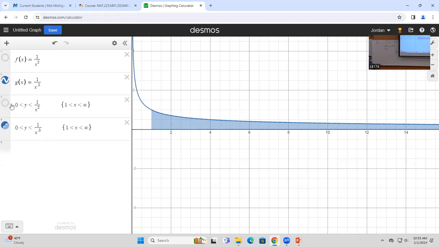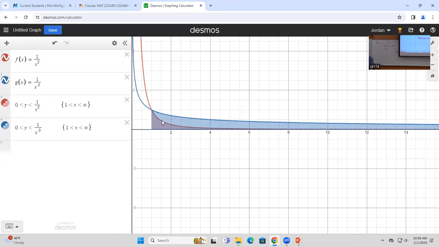Whereas the red area, because my curve got close enough to the x-axis quickly enough, became 1, and the blue area is infinite. Pretty crazy, right? Kind of weird thing.